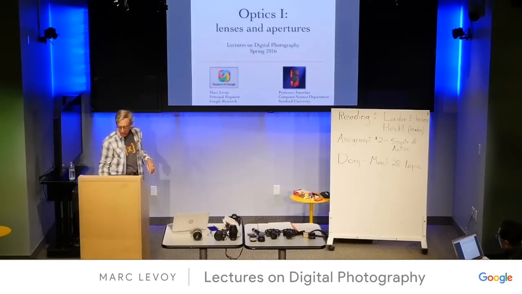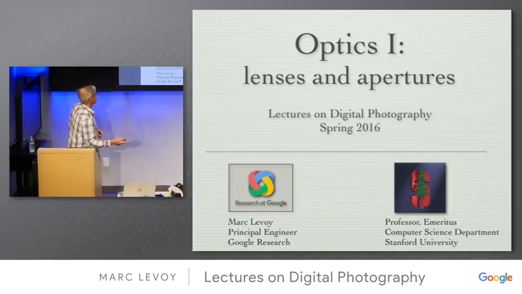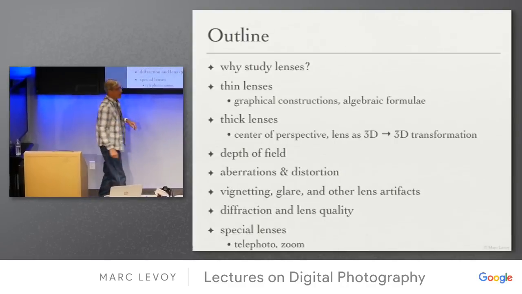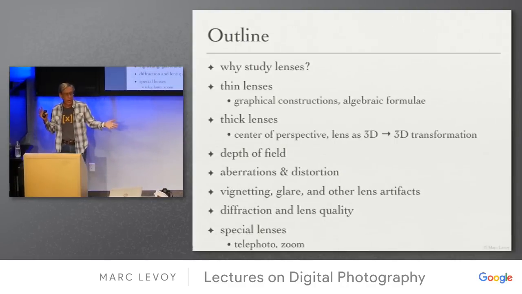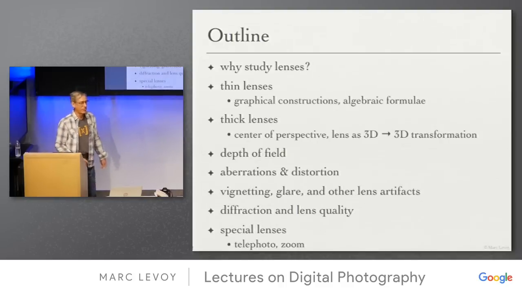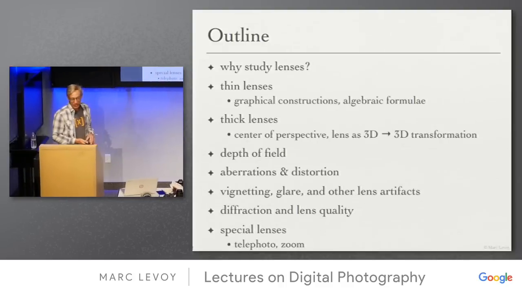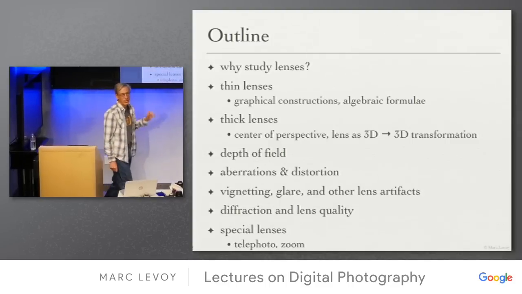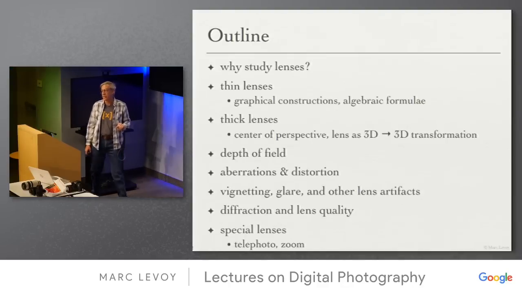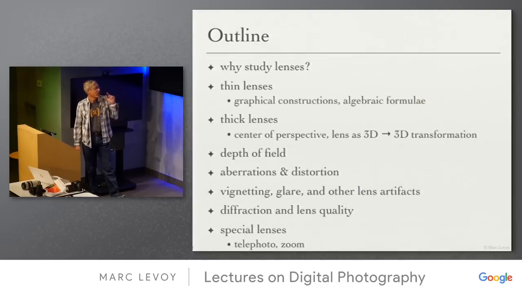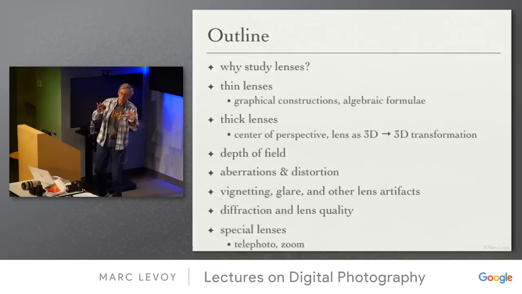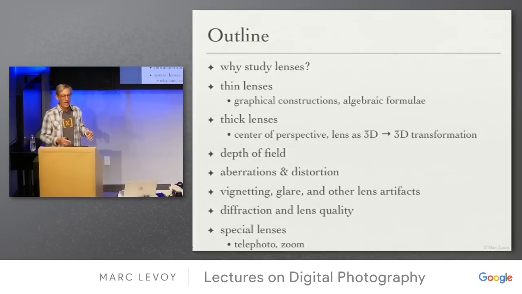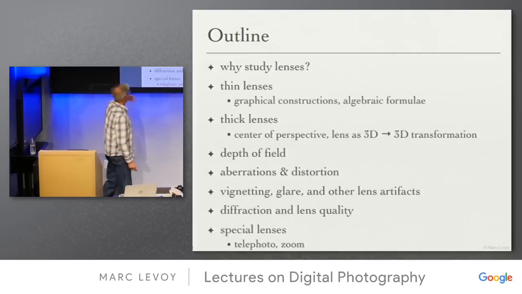Okay, so today we're going to talk about lenses. And I'll just start by trying to motivate why it's worthwhile for a photographer to study what goes on inside lenses. And we'll talk about the thin lens approximation. We'll do both graphical and algebraic formulas, but I'll concentrate mostly on the graphical constructions. We'll talk about thin versus thick lenses, and I'll tell you some interesting properties of lenses as they relate to photography.